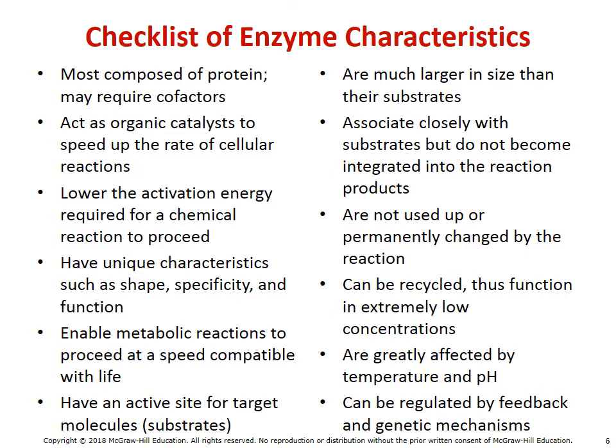They are absolutely necessary for life to continue, and typically do have to physically interact with the things that they're going to break down or build up, but they do not actively become part of the reaction, so they can be recycled or reused again and again. They are affected by environmental features like temperature and pH, so they may not function at certain temperatures or pHs.